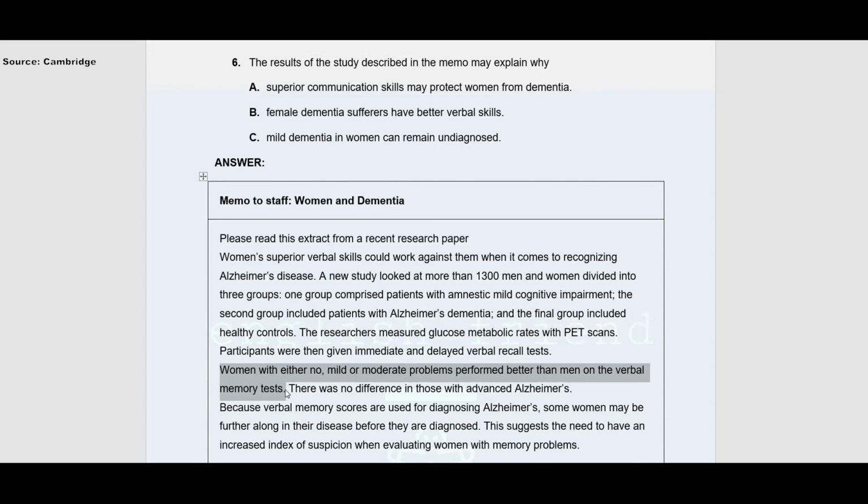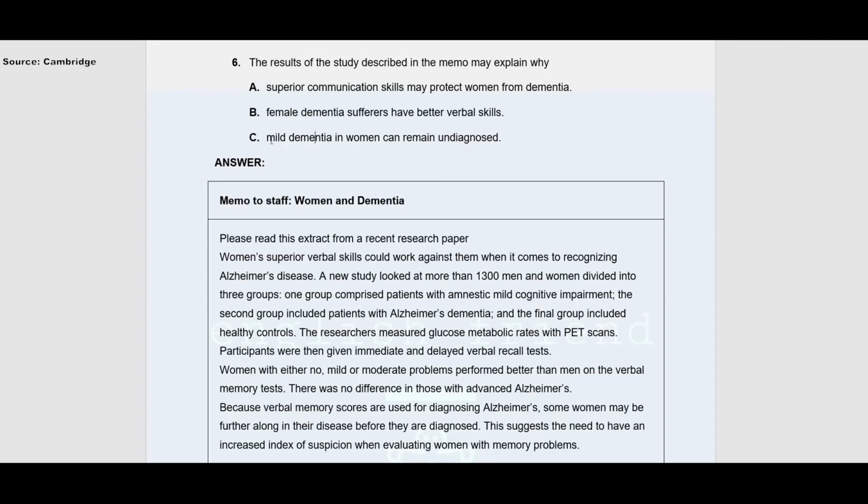However, we cannot really say that female dementia sufferers have better verbal skills because women with either no problems, even after not having this problem, were able to perform better than men. So a woman doesn't have to be a dementia sufferer to have better verbal skills according to the study conducted in this paragraph. So that is also a wrong one. You cannot really say female dementia sufferers have better verbal skills.